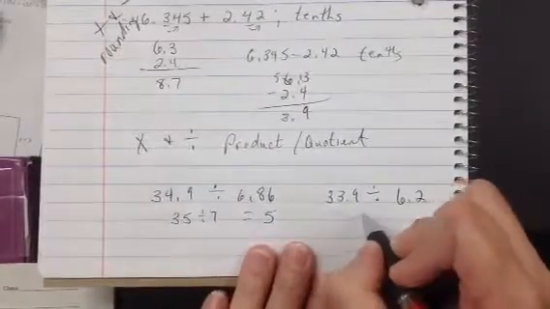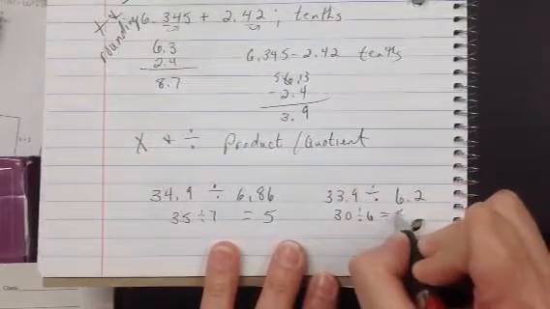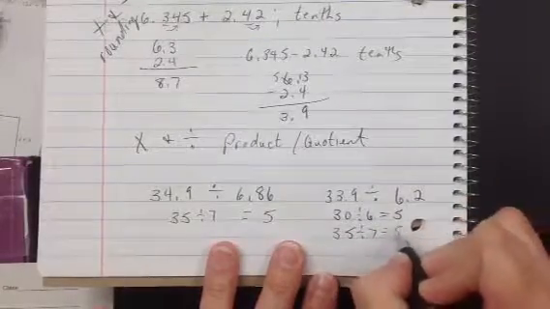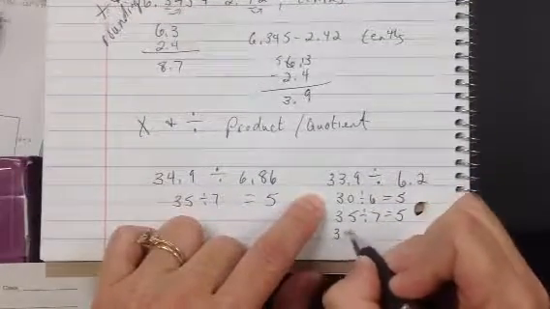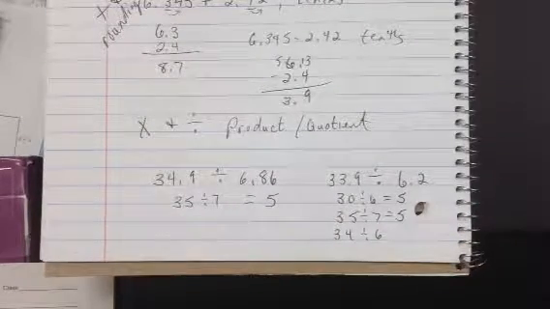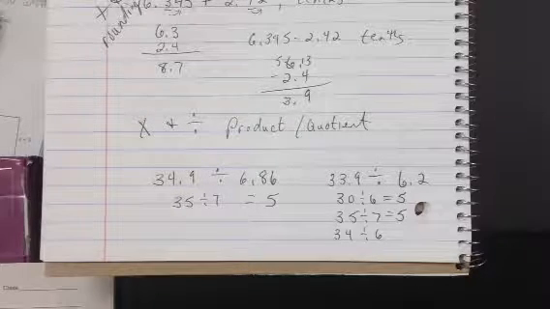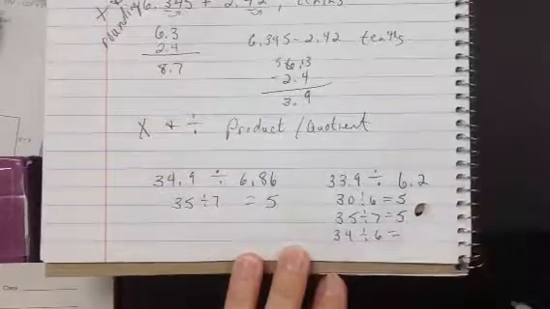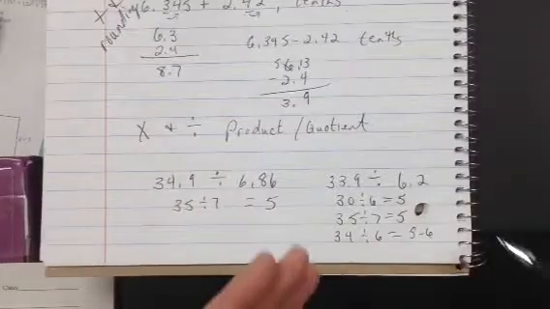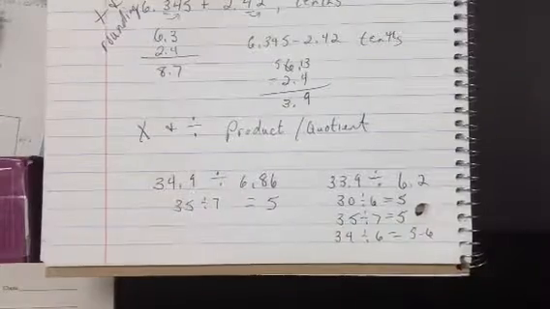Well, if I make this 30 divided by 6, I get 5. If I make this 35 divided by 7, I get 5. If I make this 34 divided by 6, my answer's somewhere between 5 and 6, right? So I don't have an exact answer for that if I'm just estimating, but it's somewhere between 5 and 6. Okay?